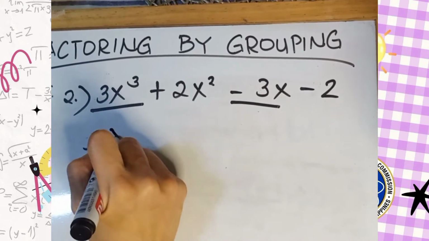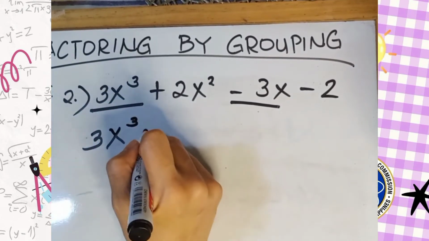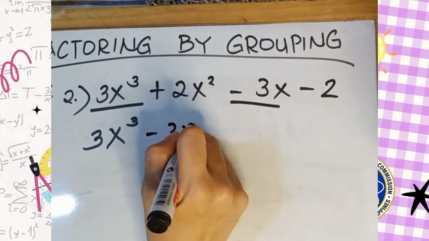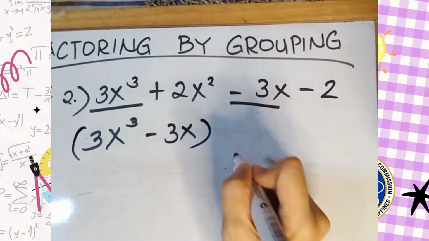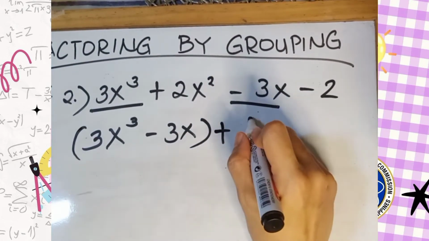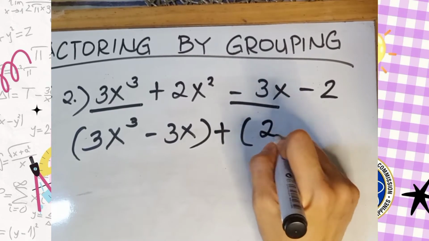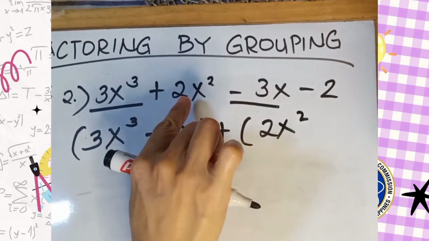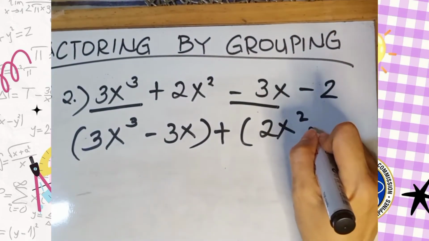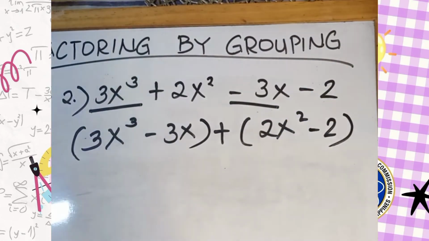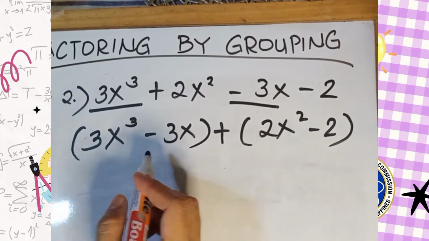So, let's now group 3x cubed minus 3x. This is our first group, and our second group will be 2x squared. Ito na siya. And then, minus 2.